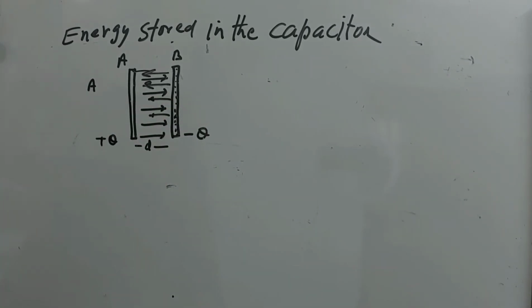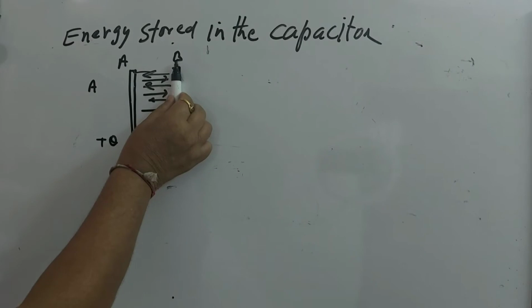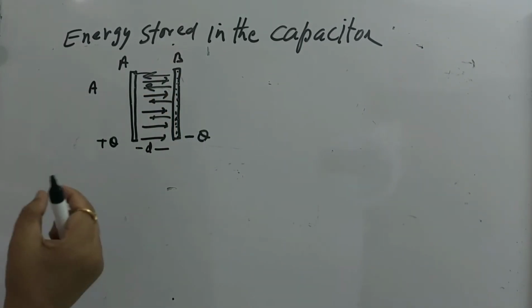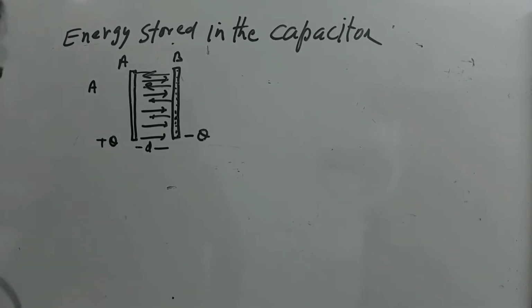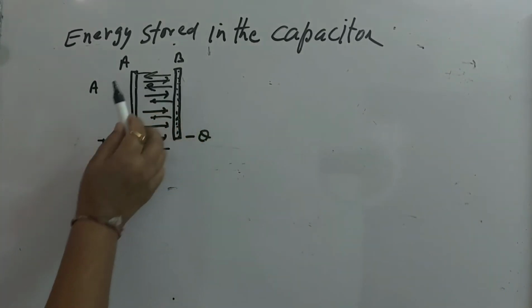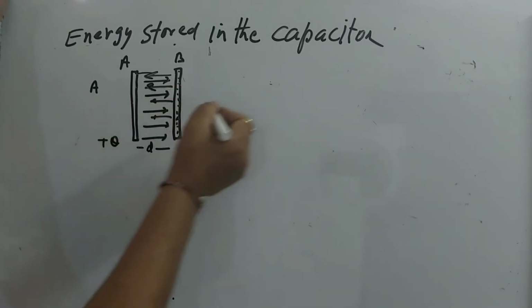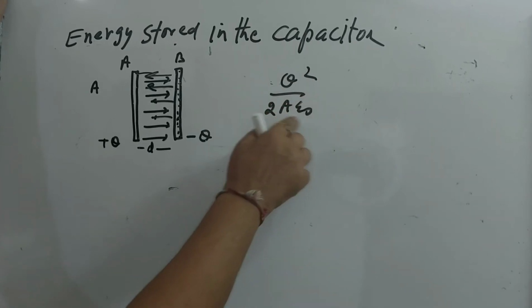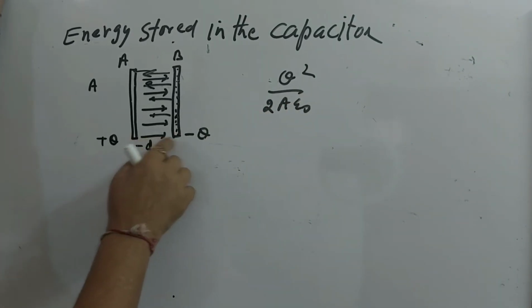Now suppose initially this plate is lying very close to this. This is not touching this, but the distance is very small, nearly zero you can say. It is infinitely small. So since this force is basically Q square by 2A epsilon naught, this is independent of the distance between them.